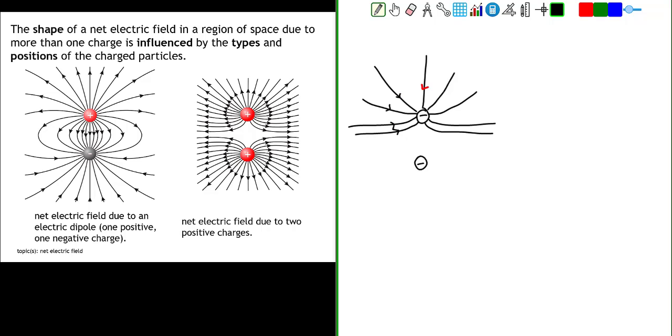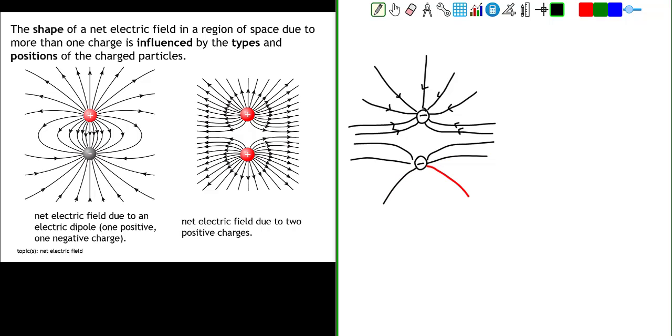To me, even my sketch suggests and reminds me that 2 like charges repel. Now notice how I'm drawing the electric field lines ending on the negative charge.